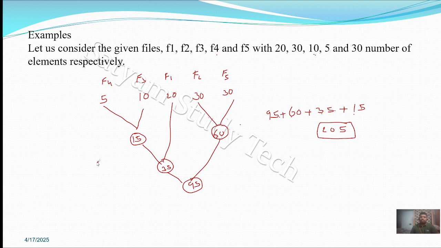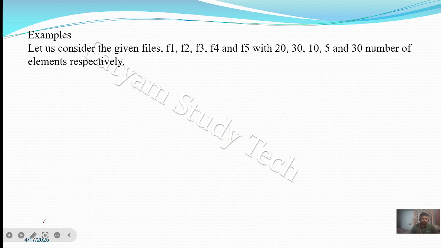So another way we can find it here. The 205 is the minimum number of comparisons required here. For example, I consider this is the 5 and 10. For example, the next weight is 20, and for example 30, here it is 30.